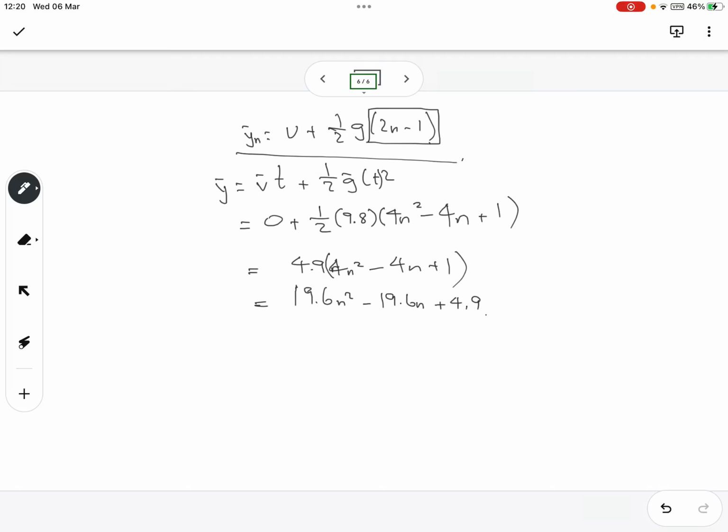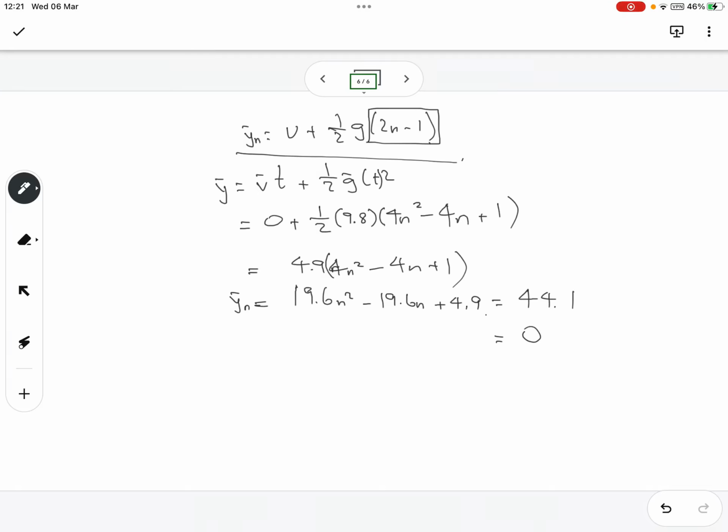And this is y at the nth second. If that is y at the nth second, in the last second, which is the same distance covered as the other second, it'd be 44.1, should equal this.